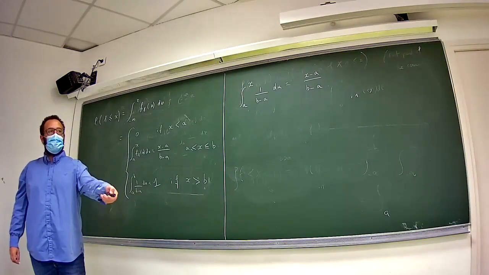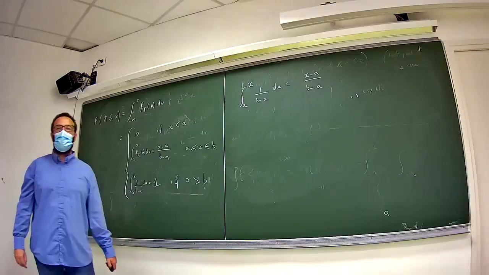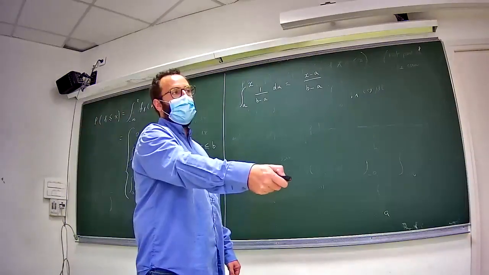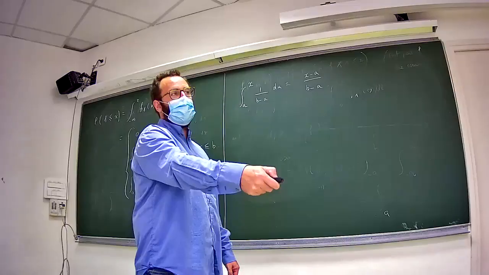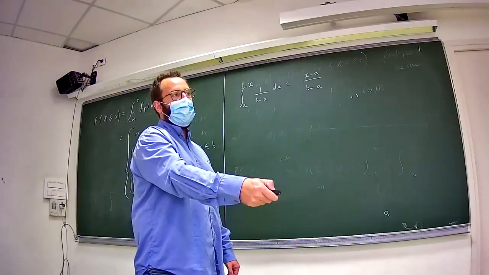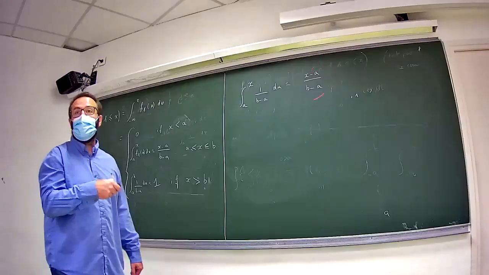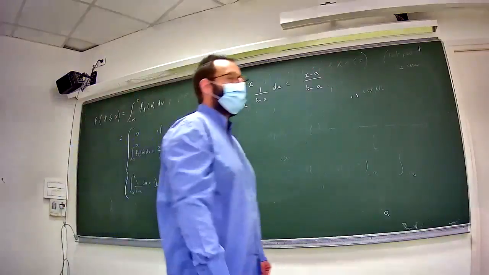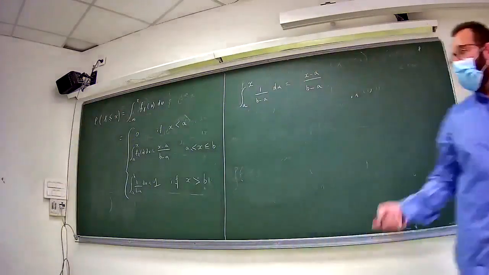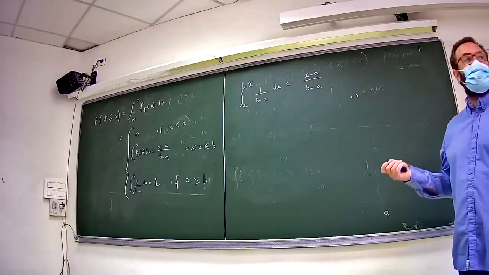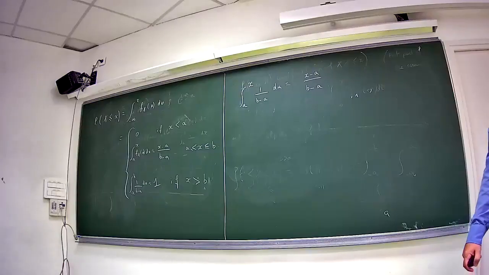If I am strictly less than a, I am 0. If I am greater than b, I am equal to 1, using this indicator function here. And if I am between both of them, it's equal to this quantity, exactly the one I have here. So I see that I have, a priori, 3 parts for the definition, but be careful, because you know that you have a density function, so the distribution function has to be continuous.